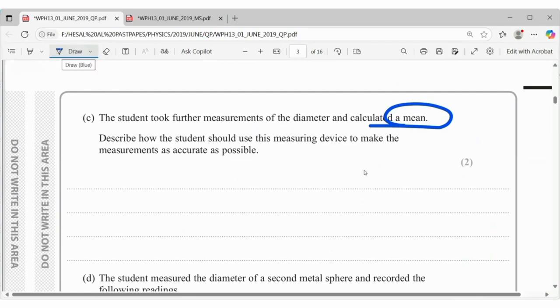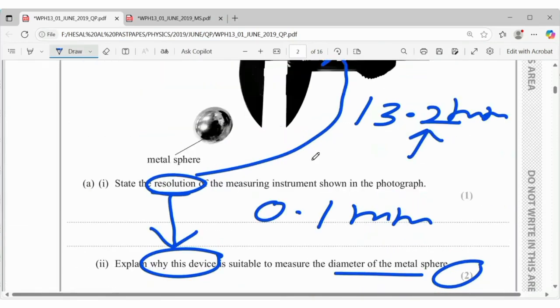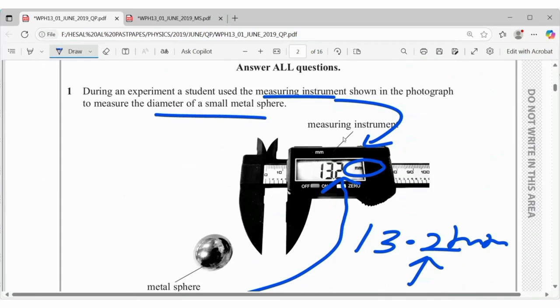Mostly common answers we can give with 2 points. Always look at this instrument. Suppose you do not start with a 0 value, it always creates an error. So we can give it as 1 point. Check for 0 error.